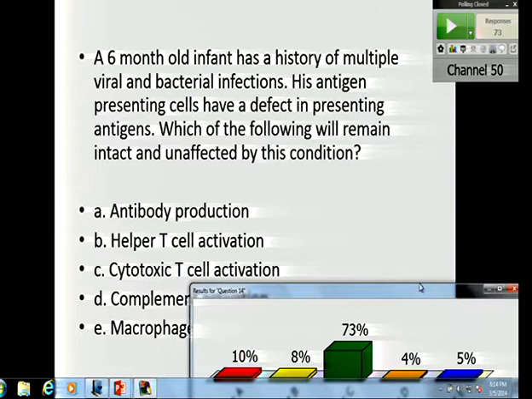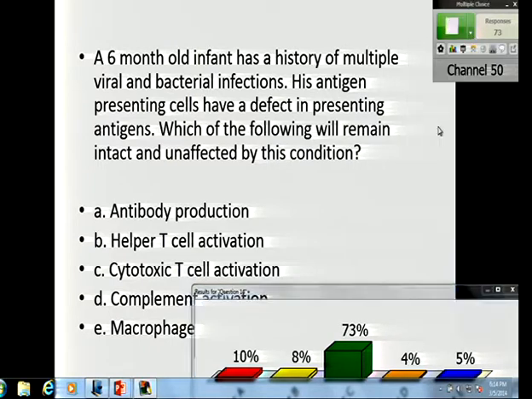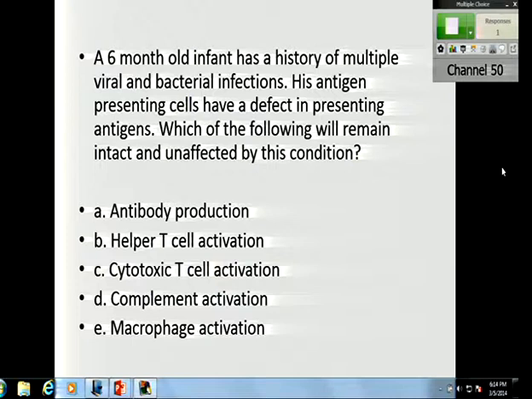Wait, no, this is the old one. What does this look like?